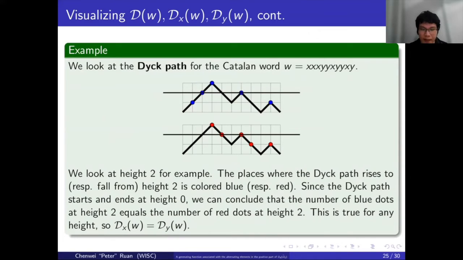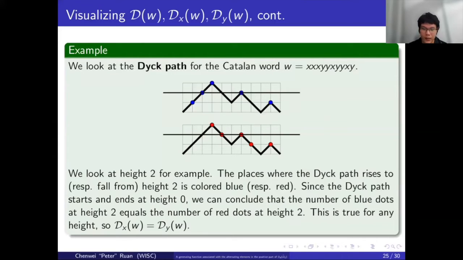Since the back path starts and ends at the sea level at height 0, we know that whenever it rises to height 2, it must also fall from height 2 at some point, in pairs. So we can conclude that the number of blue dots at height 2 is the same as the number of red dots at height 2. And this is general for any height.